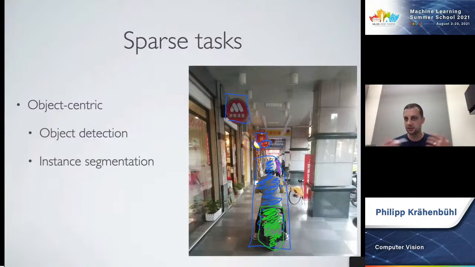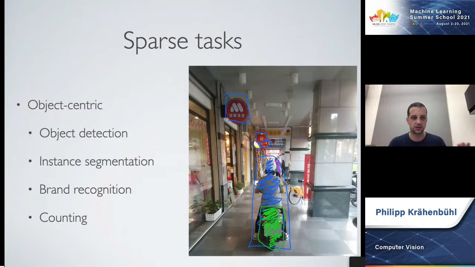You can also detect brands, or objects that correspond to brand names. And finally, once you detect objects, you can go count them. Counting can be a global, image-level task, because you just receive a number, but oftentimes it is set up as a sparse task where you first detect the objects and then count them.